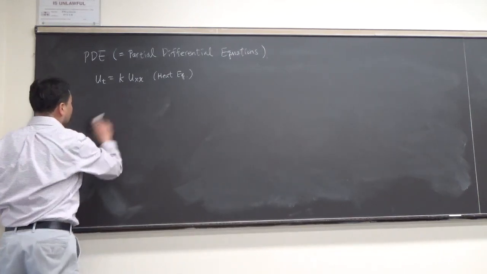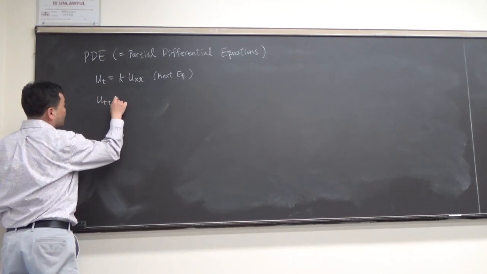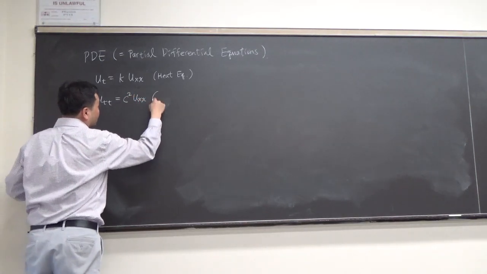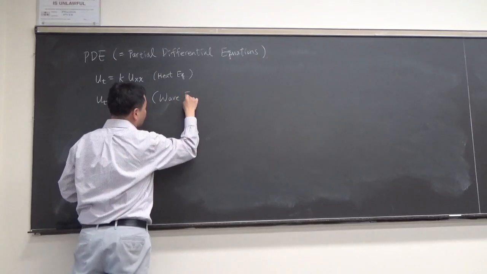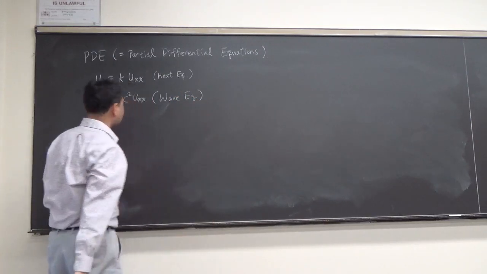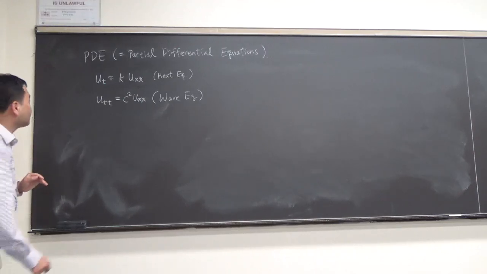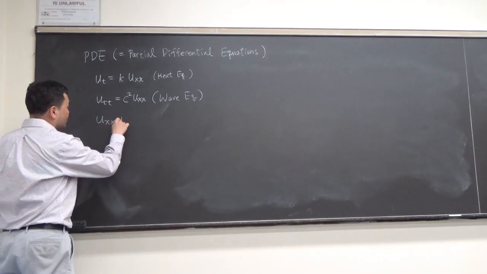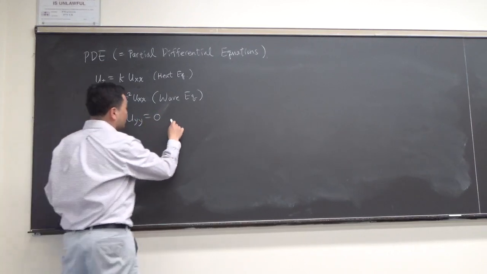So another equation is u_tt equals c squared u_xx, and this one's called the wave equation. And there's something called the Laplace equation, u_xx plus u_yy equals 0.